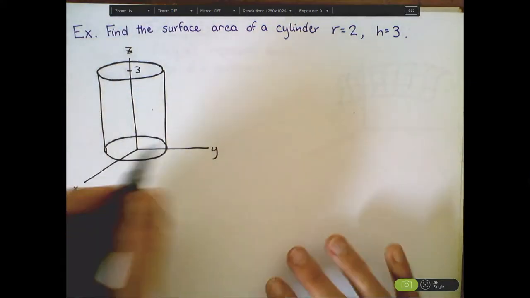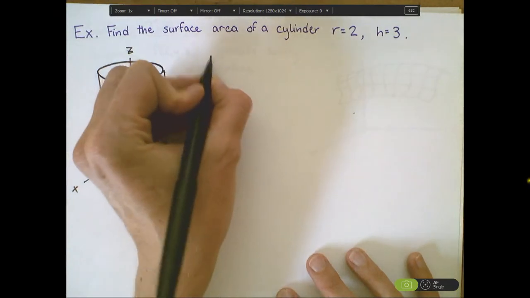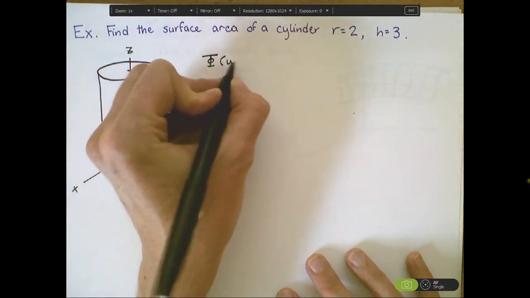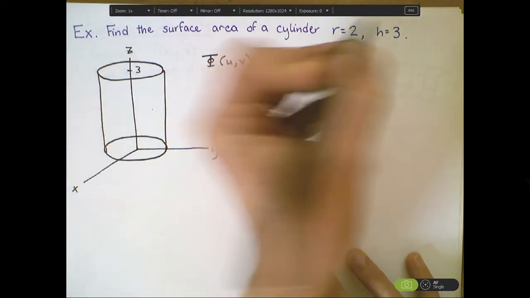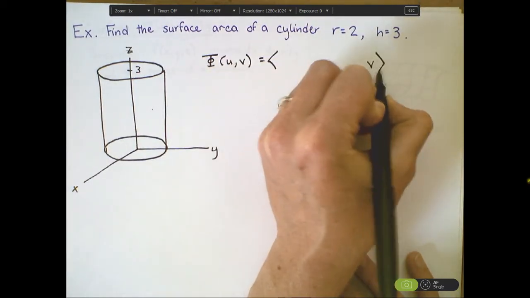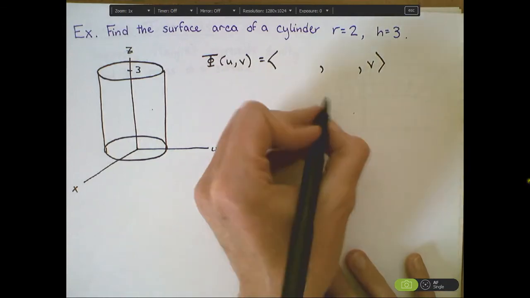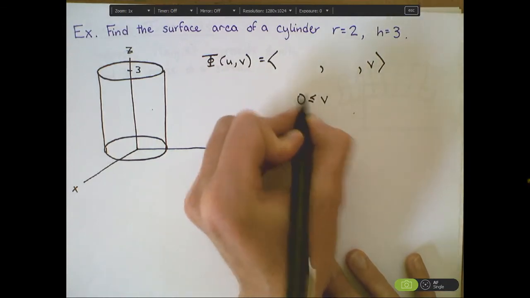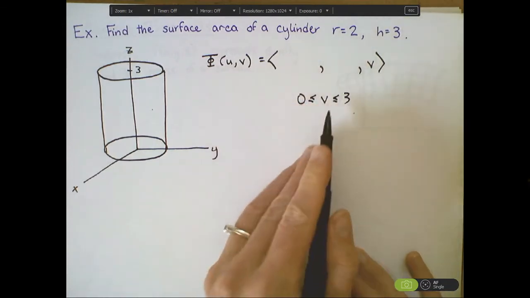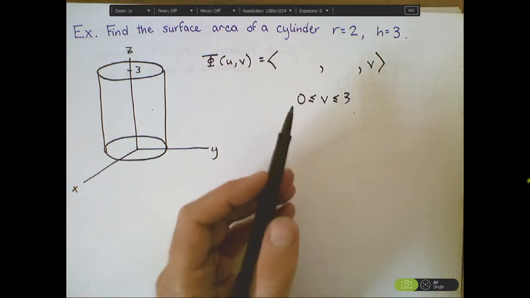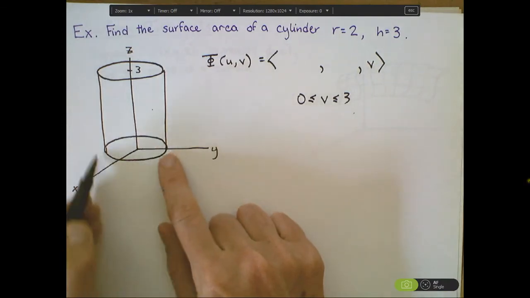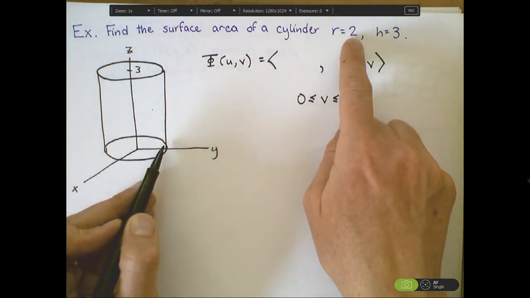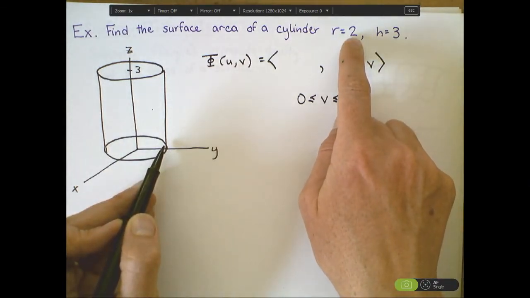So I'm going to let one of my variables, v, be equal to my z component. And because we know what the bounds on v are, v is going to go from 0 to 3, because that's tracing out the height. I also could use the variable h if I wanted to. And then in order to get this circular behavior, we know that the radius is fixed constantly at 2.